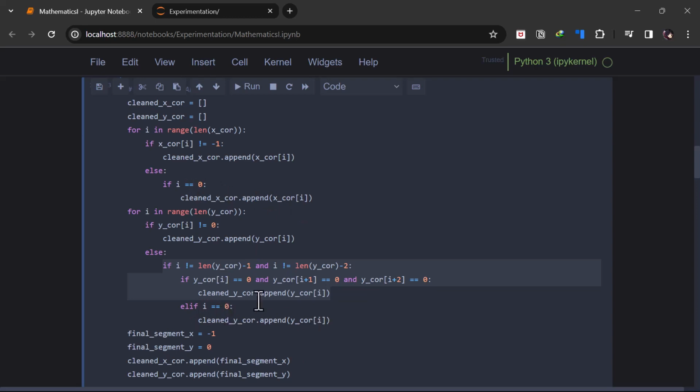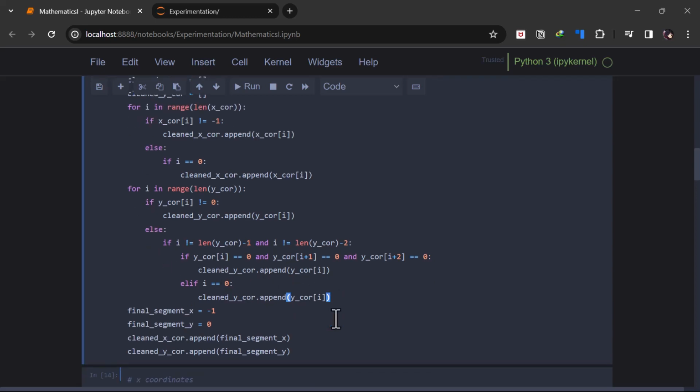In our y coordinate we are having 0, and in our x coordinate we are having -1 for the first index, because the first index is common to all of our polygons. So the -1, 0 will be there for the first index, for the first coordinate. And we don't want -1, 0 for the rest of our list appearing on an alternate basis. That is not what we want, right?